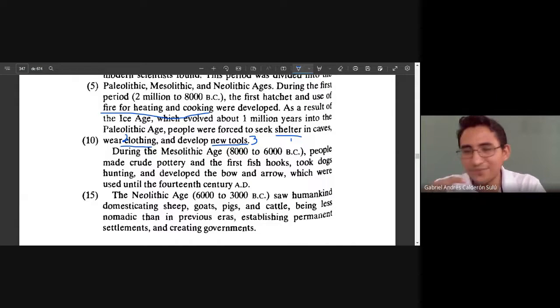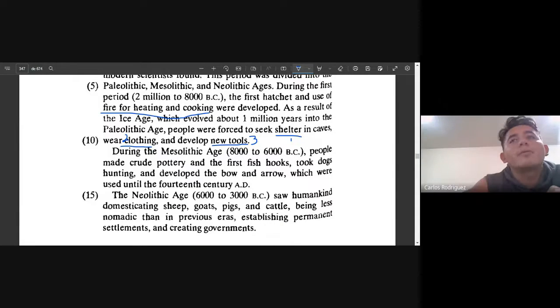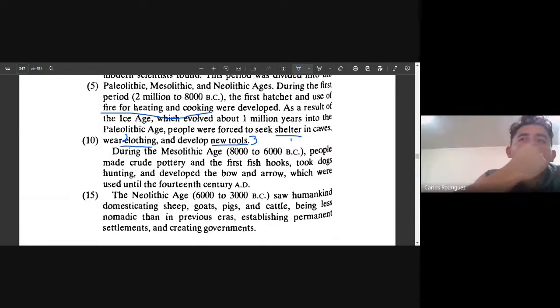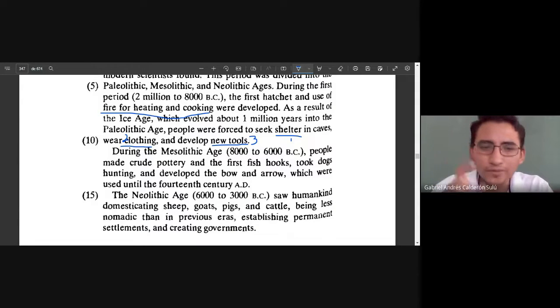Pottery is like ceramic things, like plates, dishes, cups, things that you use to eat. That's pottery. Like a barro? No. Pottery is the group of the things that you use to eat, like a cup, a plate. Okay. So what is crude?